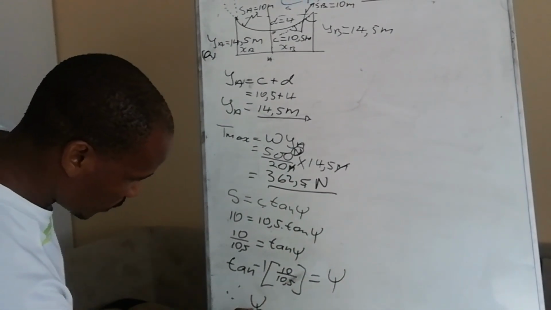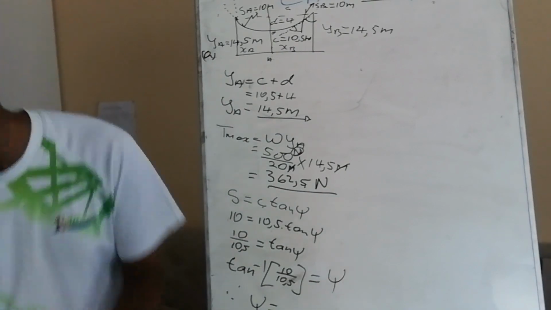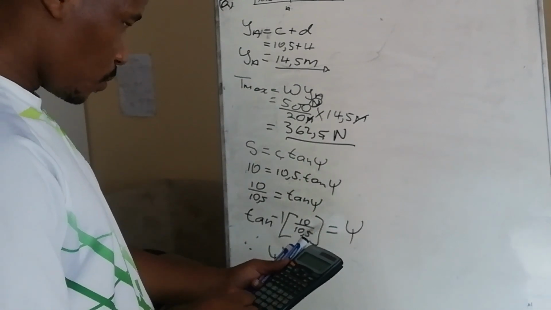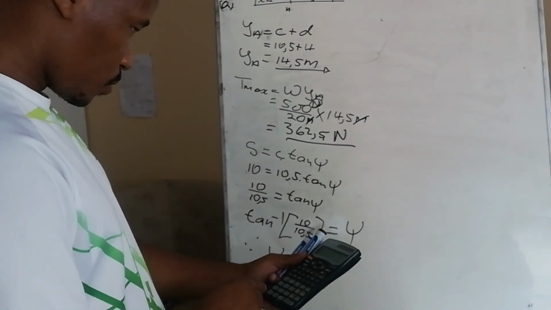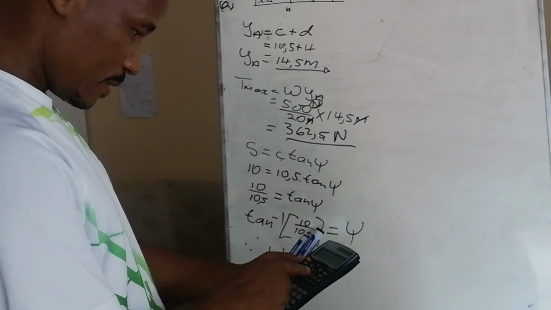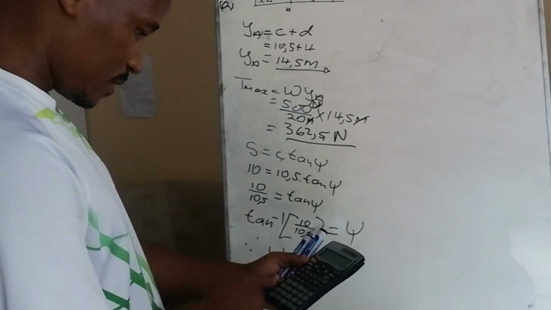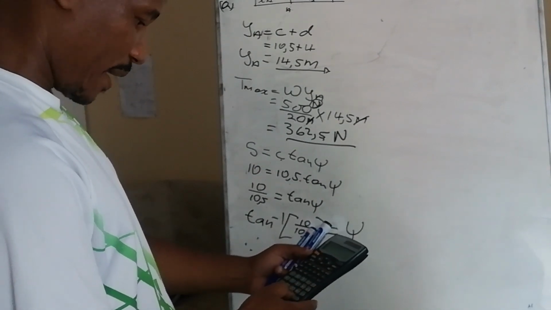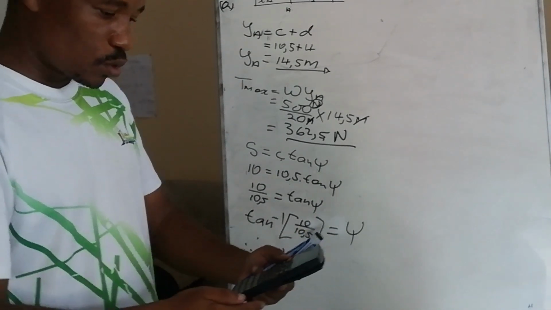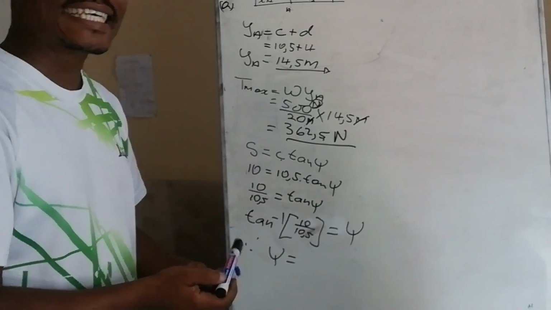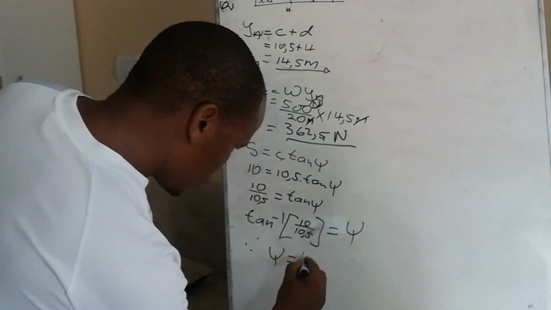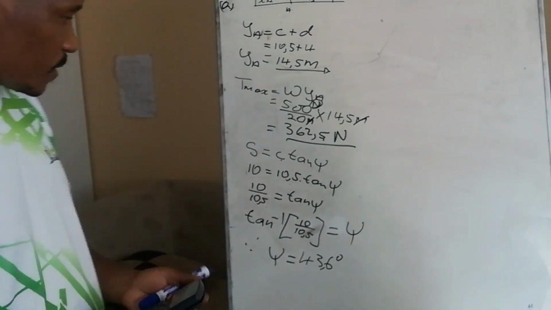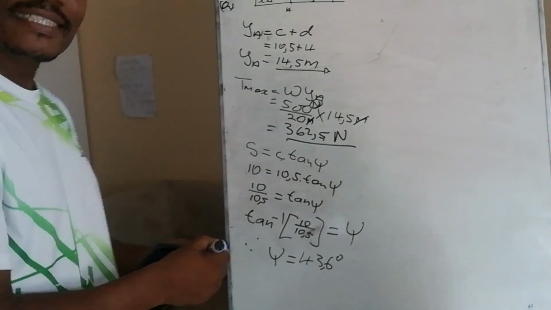Therefore, tau is equal to the arctan, opening the brackets, 10 divided by 10.5, closing the brackets. Answer: 43.6 degrees. Basically, that's the angle there.